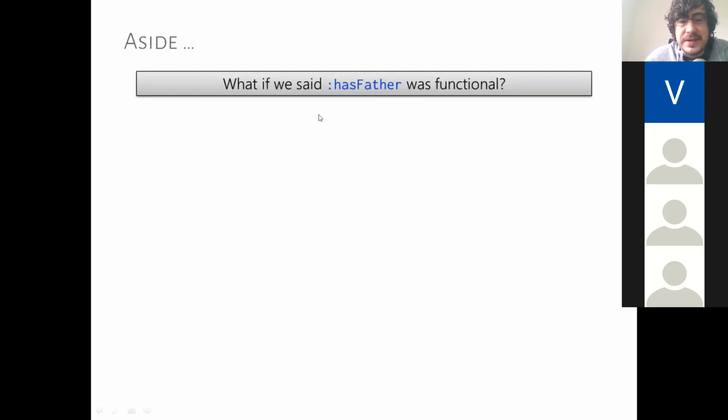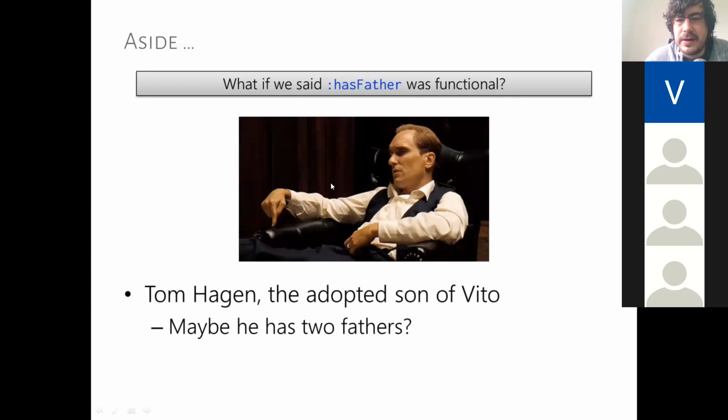As an aside, what if we said has father rather than has biological father was functional? For example, in the family, Tom Hagen is the adopted son of Vito, right? So in that case, maybe he has two fathers. He has his foster father, and he has his biological father.